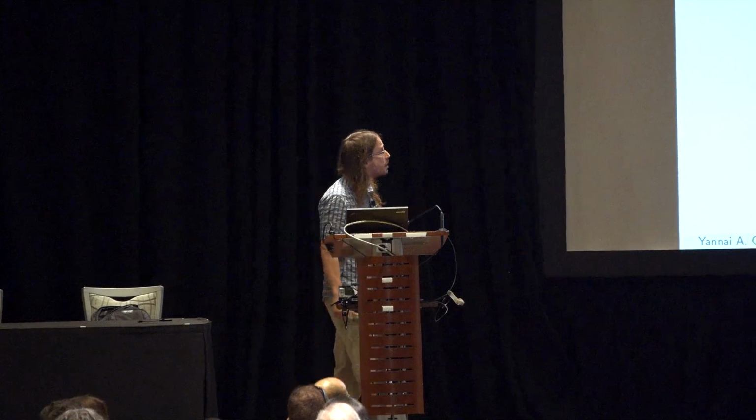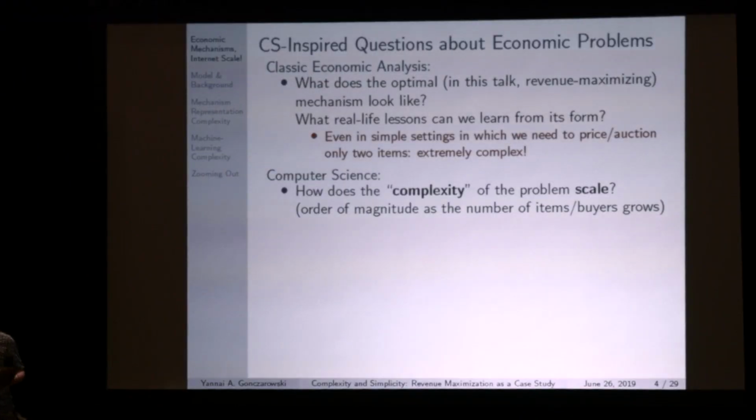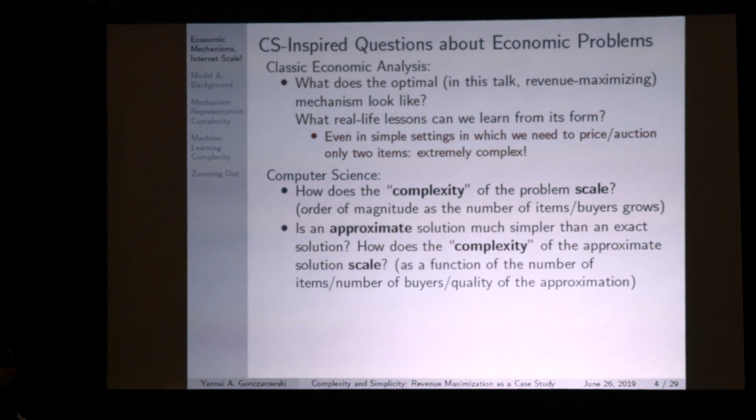In computer science, in contrast, we often ask about the complexity of a solution to the problem and how does the complexity of the solution scale, how does the order of magnitude of the solution look like as a function of the number of items or the number of buyers as they grow. And more specifically, we ask many times, is there an approximate solution that's much less complex than an exact solution?